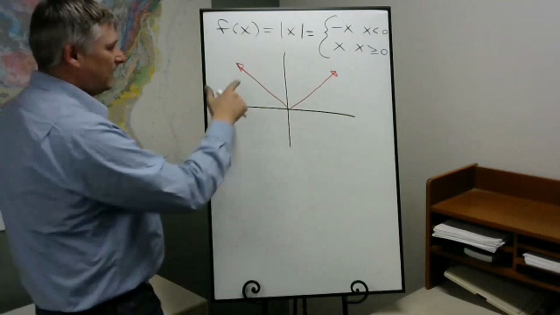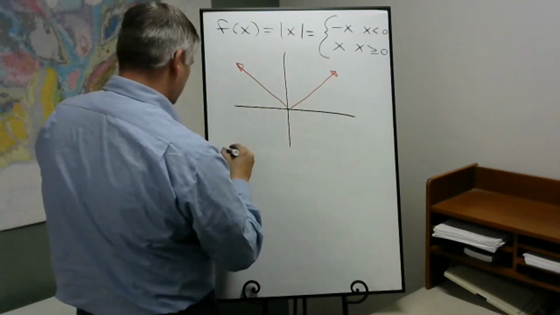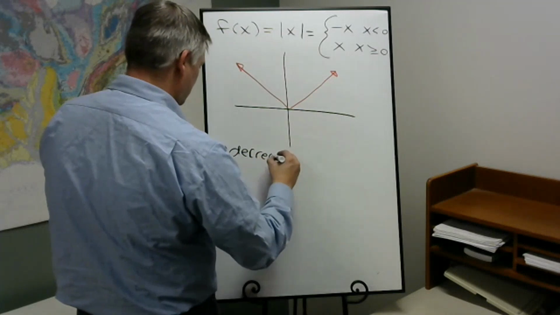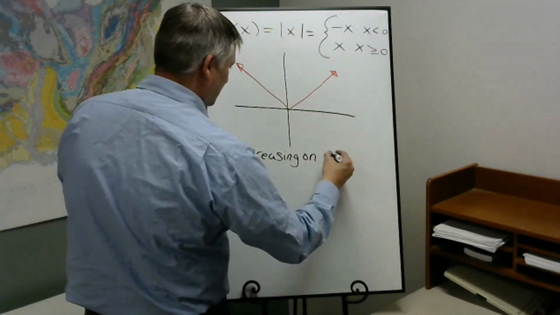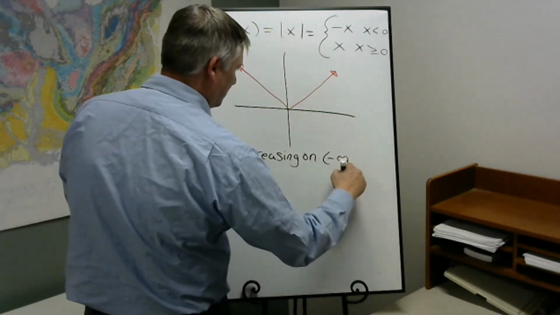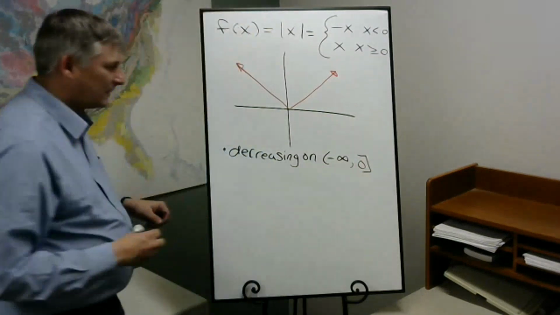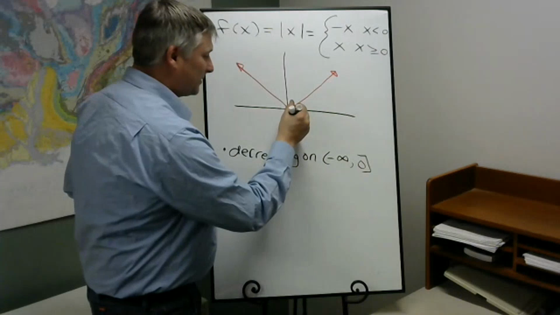Now here, it's decreasing on this side of 0, so negative infinity to 0. And then from here, starting at 0, it's going to be increasing.